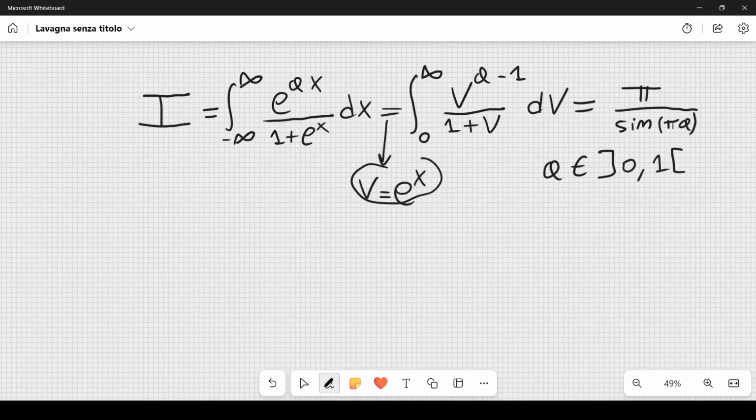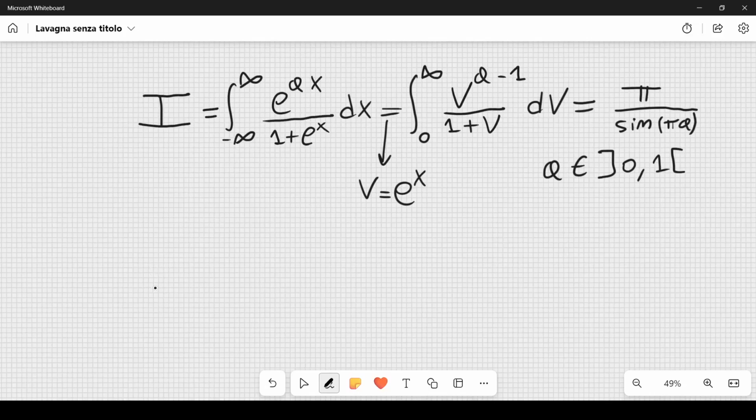But as I said, this is a result that we will use also in the following lectures. So I want to derive this result, and then I will show you why it is important, because we will derive some properties related to the gamma function.